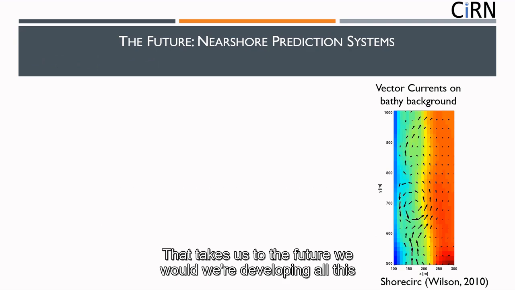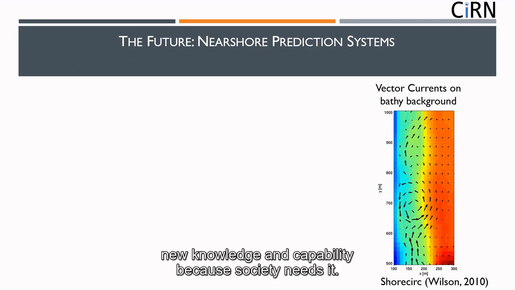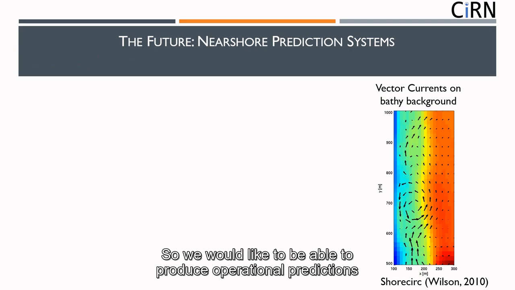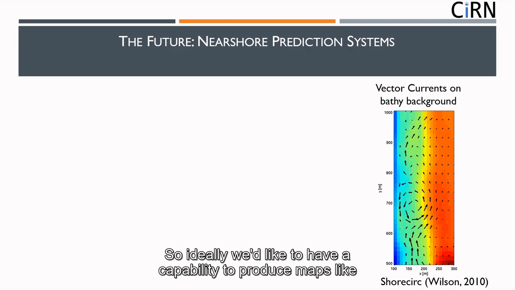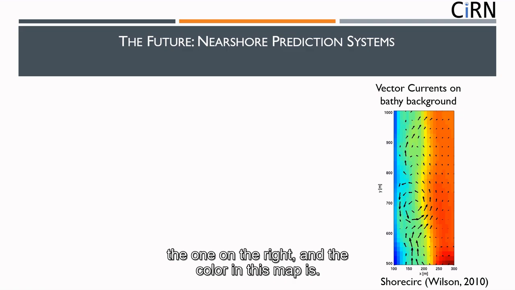That takes us to the future. We're developing all this new knowledge and capability because society needs it. So we would like to be able to produce operational predictions of important engineering quantities. So ideally, we'd like to have a capability to produce maps like the one on the right.